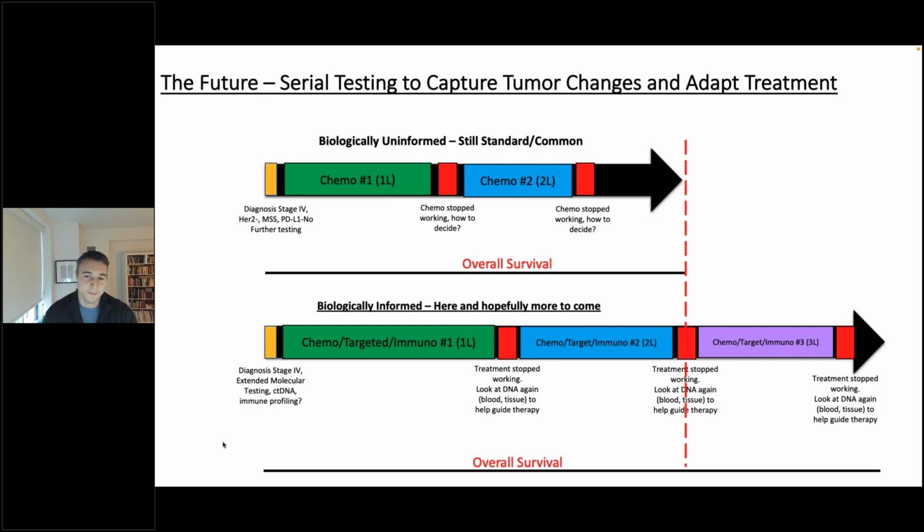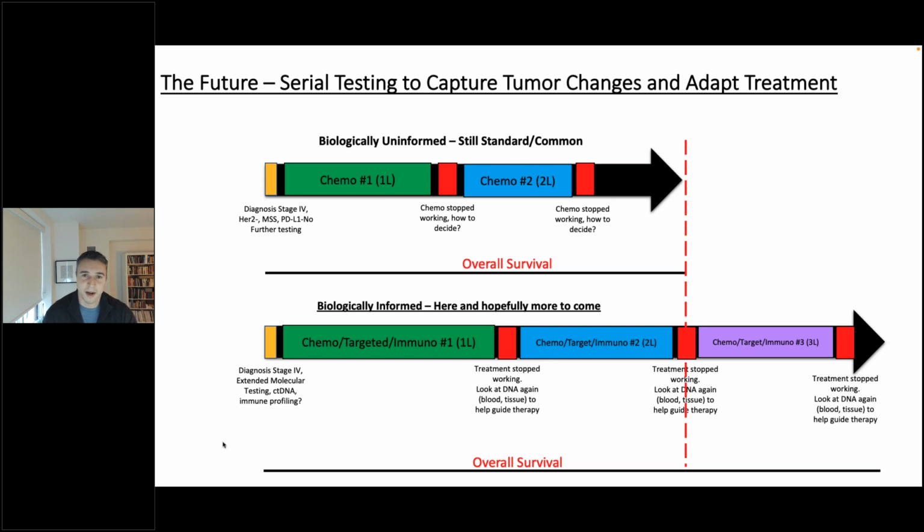The new way is starting to think about it where we do this as an iterative, like a repeat. So you get as much information as you can. You pick the first line with all that information. Eventually, the treatment fails the patient, and then you repeat all that. So you learn as much as you can about the tumor again. How did it do that?